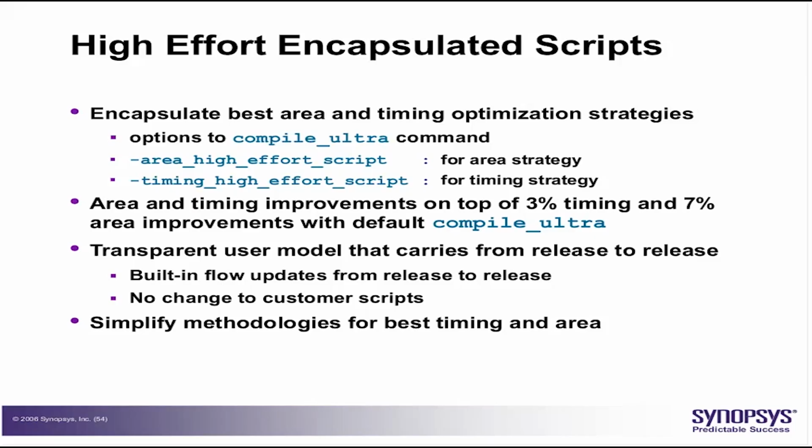They are updated from release to release, and they don't require any change to your scripts. But these should be used in very specific cases, because every time you use some special or advanced synthesis technique, it will lead to bigger runtime. So for a big design, for a full chip, you should use them with caution. Runtime is always a priority.